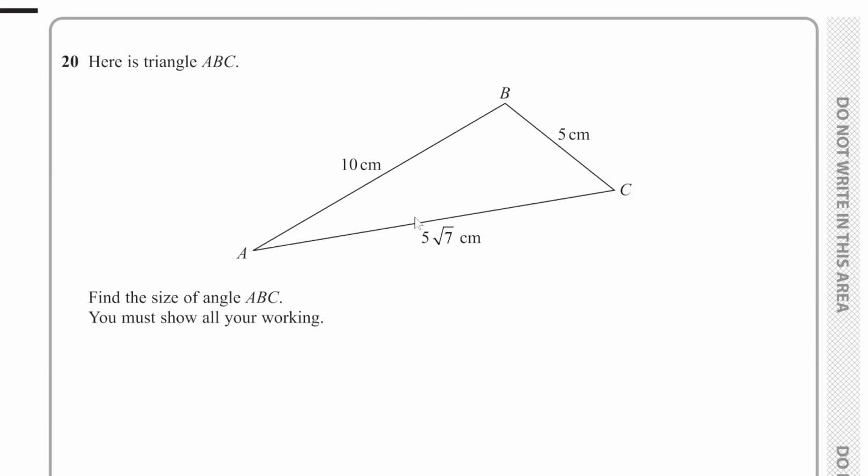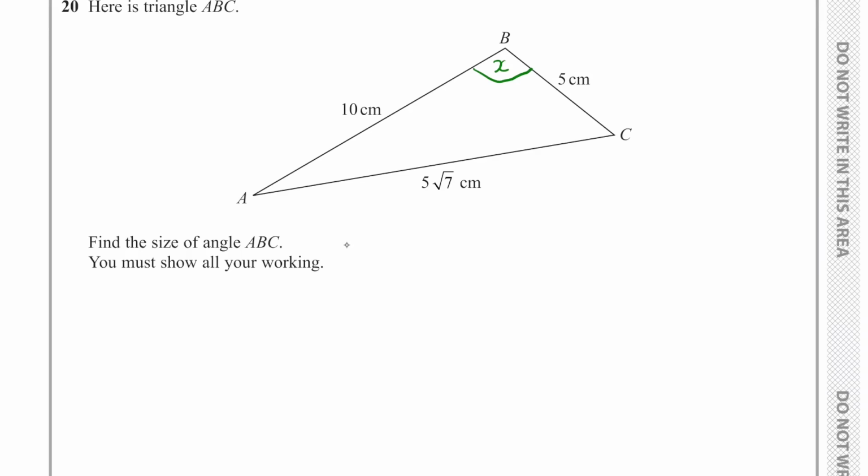Question 20. Here is a triangle, ABC. Find the size of angle ABC. You must show all your working. So angle ABC, that's from A to B to C. So that is our unknown. We're going to use the cosine rule, but we're going to use the rearranged version of it.